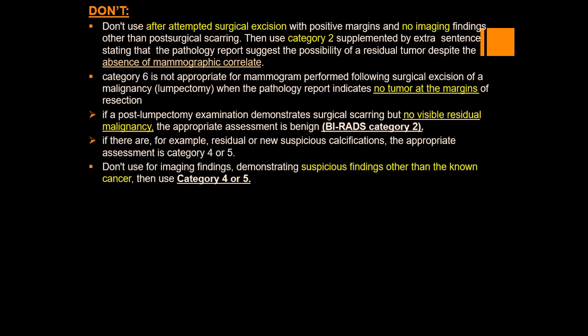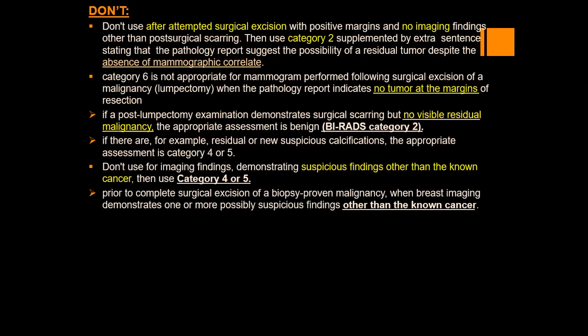Because we have suspicious findings other than the known cancer that need new actions. Prior to complete surgical excision of a biopsy-proven malignancy, when breast imaging demonstrates one or more possible suspicious findings other than the known cancer, we should not report it as BI-RADS 6.